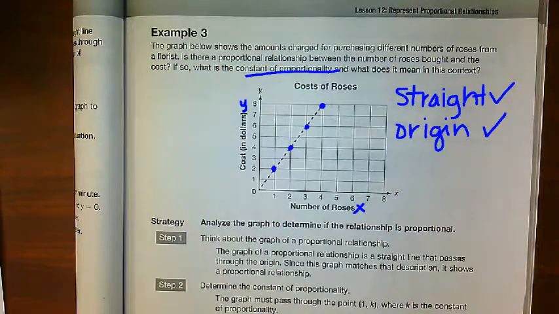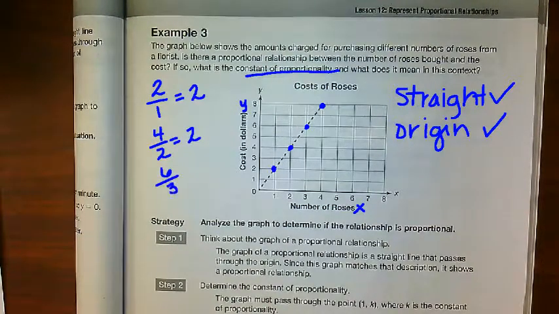So let's look at a few. So I have 2 over 1. So the coordinate 2, 1, that equals 2. The next one I see is 4 over 2. Well, that also equals 2. The next one I see is 6 over 3. And the last one I see is 8 over 4.